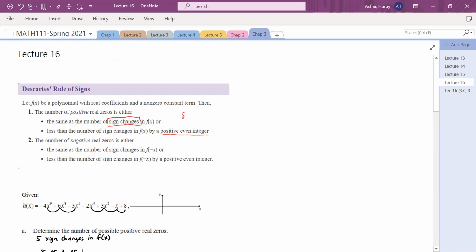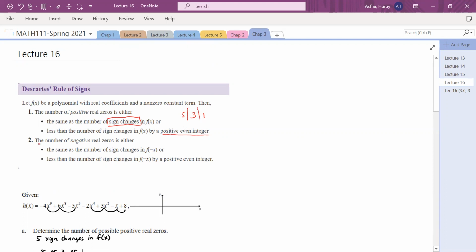If we go 2 lower than 5, it will be 3, and then 2 lower than that is 1. So the possible positive real zeros will be 5 or 3 or 1.